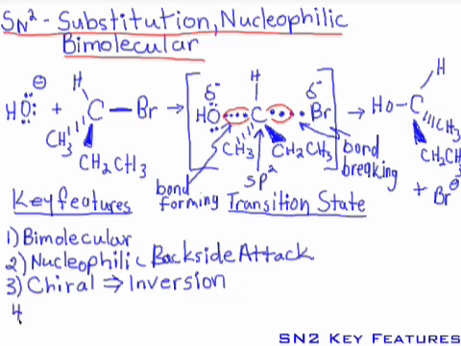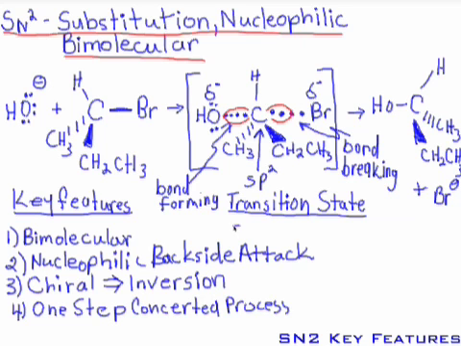Point 4, it is a one-step concerted process. It's a single-step reaction. Everything happens at once. Point 5. It involves a 5-coordinate transition state. That just means 5 groups bound to the carbon. A 5-coordinate transition state.